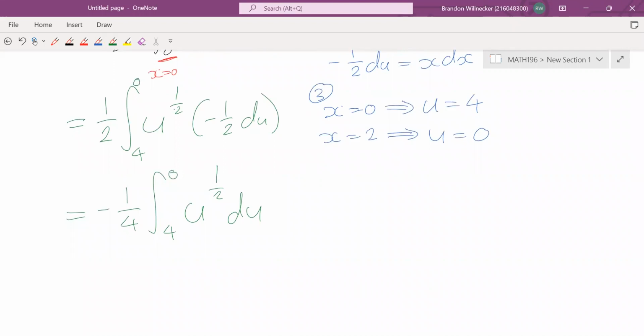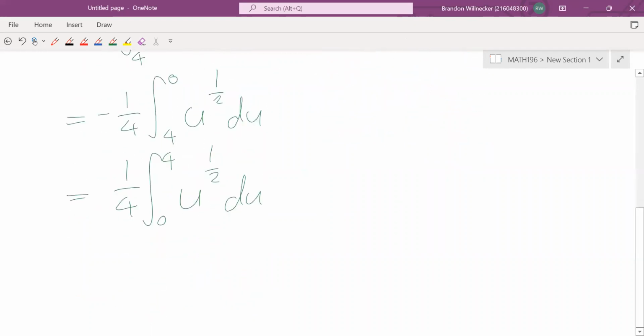So we can swap the bounds, provided we multiply by minus 1. Because remember, whenever you swap the bounds, you pick up a minus sign. So this is going to be 1/4, the integral from 0 to 4 of u to the 1/2 du. Okay, so now the upper bound is bigger than the lower bound, which is what we want.